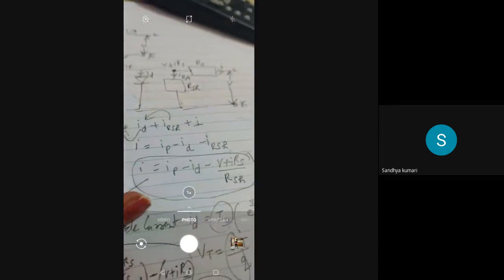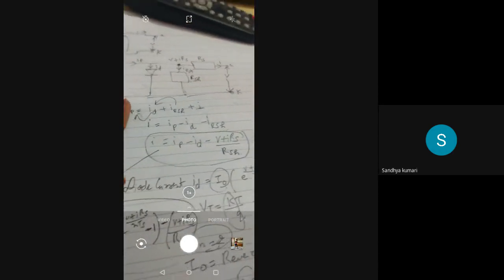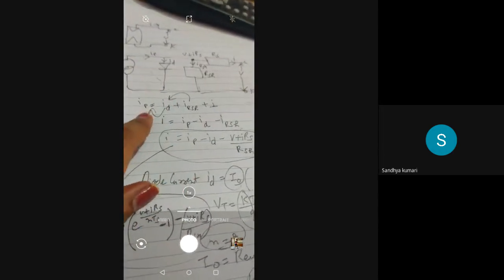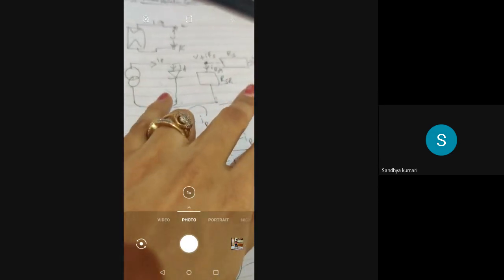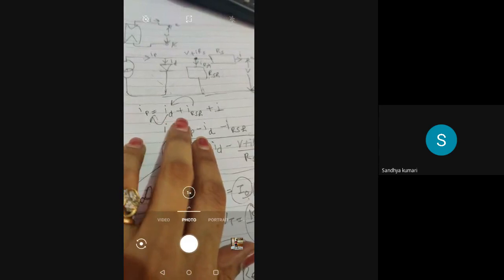So this is the value of the current that will flow from this end of the solar cell. This is how you can derive the equation of the current. This is the total current coming from here that further gets divided through this diode and these two resistances. Then by using KCL, you have applied this equation. So this is about today's lecture.